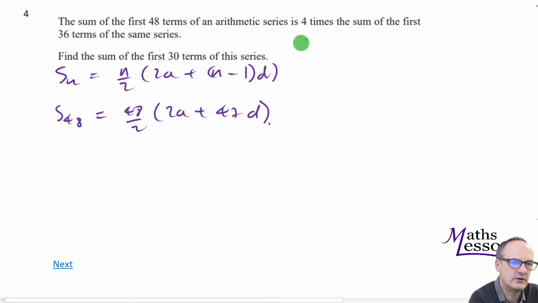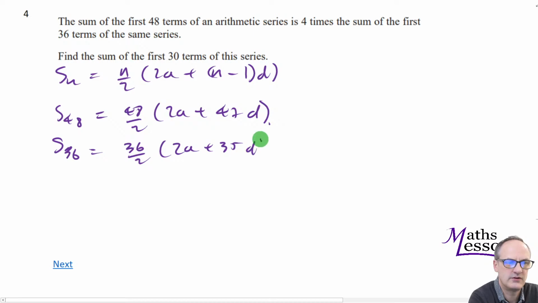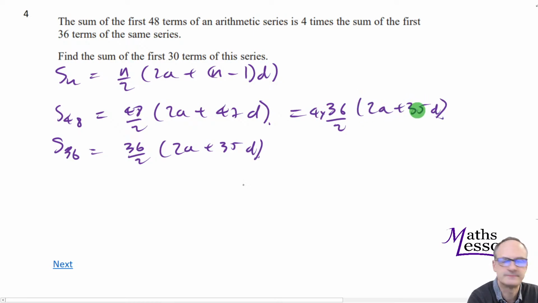And S36 is equal to 36 over 2 times (2a plus 35 lots of d). And we're given that S48 is 4 times this. So this is going to be equal to 36 over 2 times 4, times (2a plus 35d).